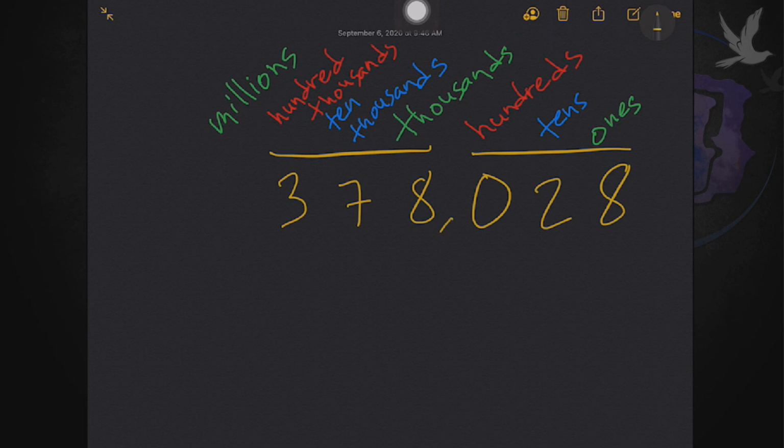Okay, it doesn't mean that you just put random commas everywhere. They should be grouped into three digits, where each group has three digits in it.